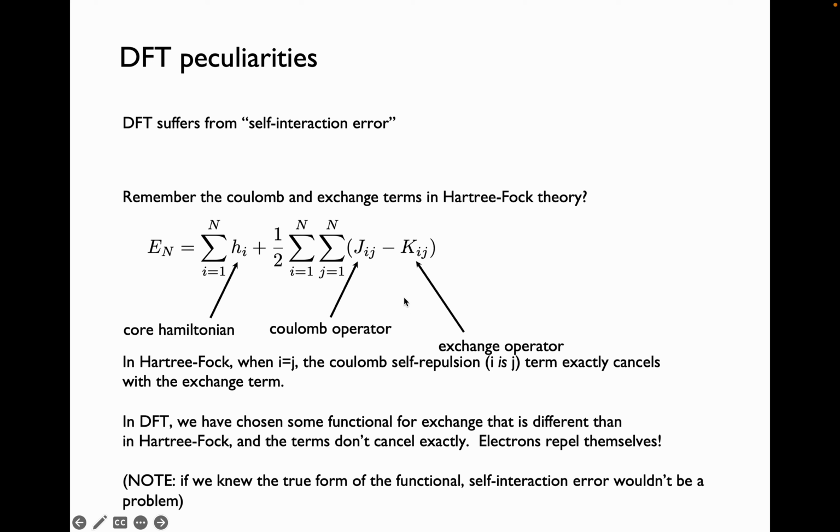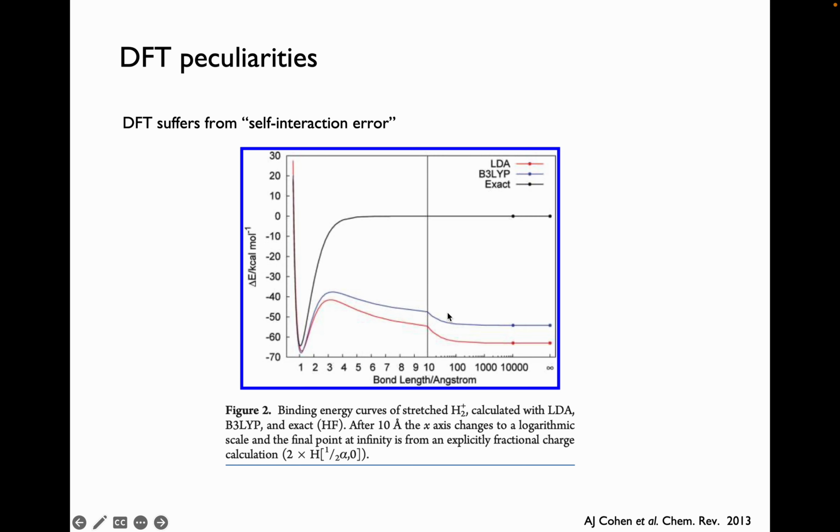So what does this mean? There is some non-zero repulsion between an electron with itself, right? When this term disappears in Hartree-Fock theory, it's saying that when these two indices refer to the same electron, there is no interaction between that electron and itself. But in DFT, this term doesn't vanish. There is some self-interaction, and you can see this cropping up, for example, in this bond stretch for H2 plus, which is a system which has exactly one electron.